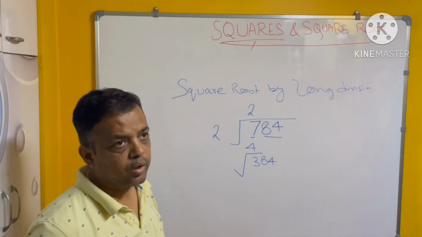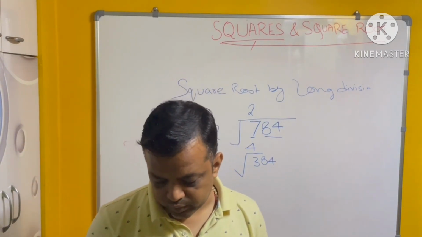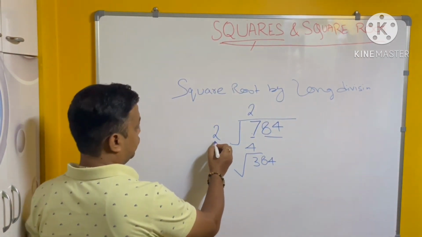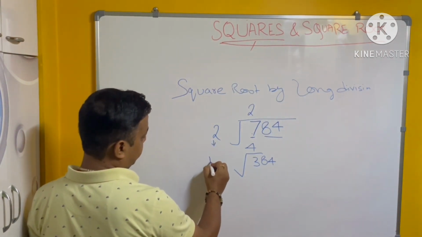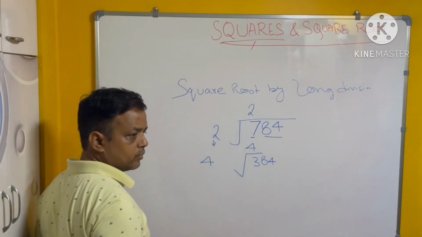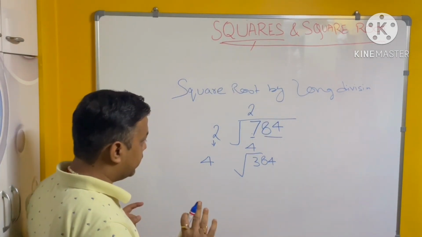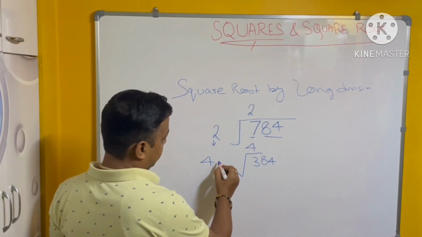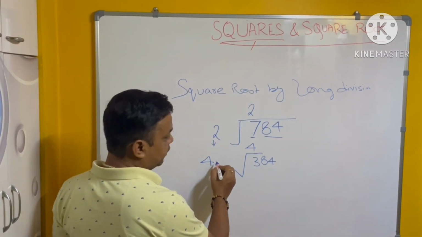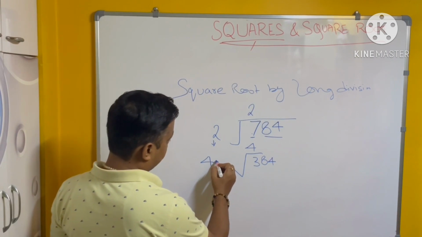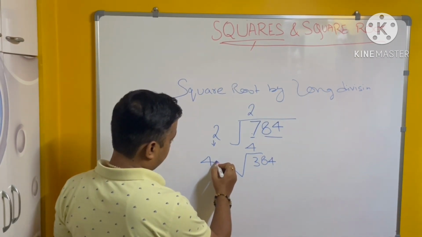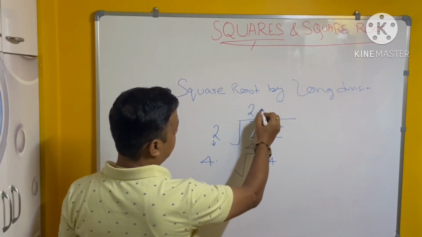Now we need to multiply this number and write it here, and we need to find a number at the unit place, and the same number will come here also.